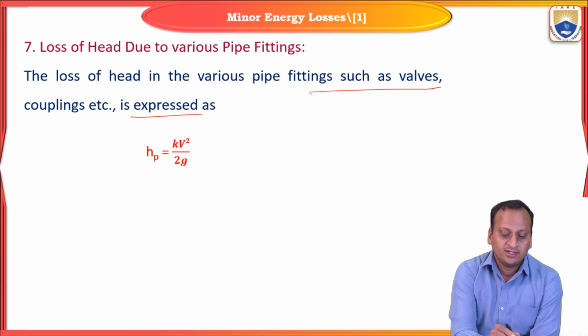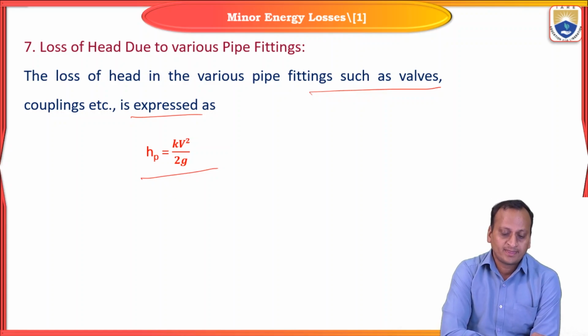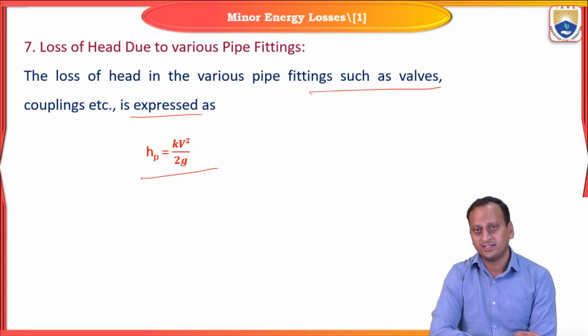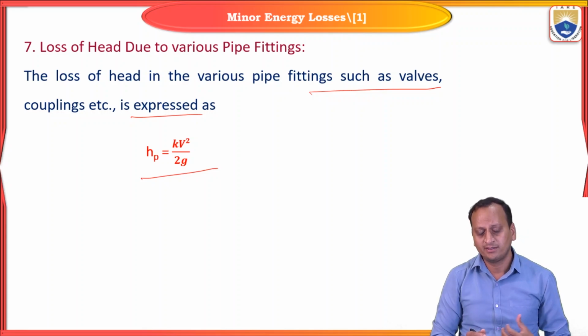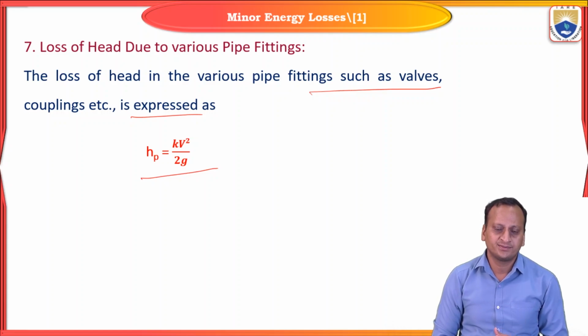Based on that, we can express it as kV square by 2g, where V is the velocity and k is the coefficient of the fitting, coupling or valve, etc. These are some of the minor energy losses. Minor energy losses may be due to sudden contraction or sudden expansion, due to obstruction, and due to pipe fittings. These all come under minor energy losses.